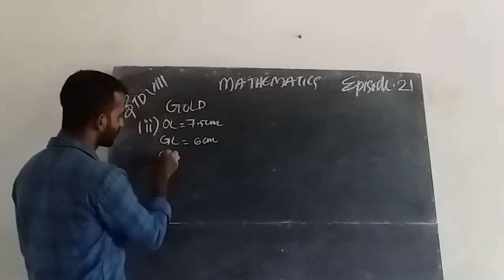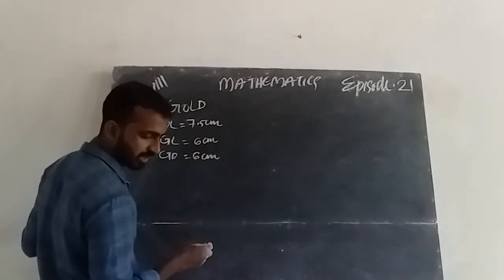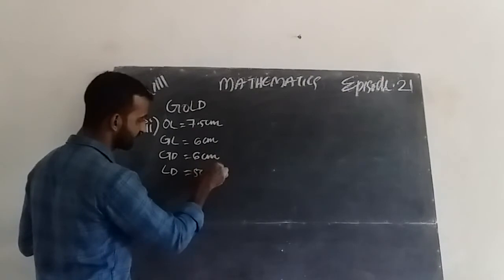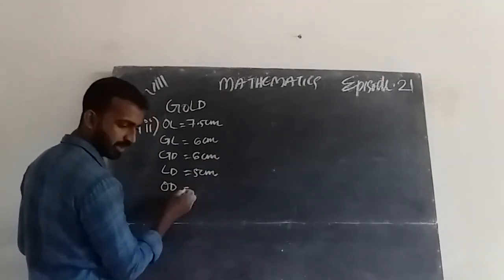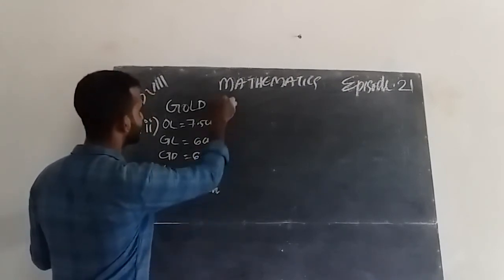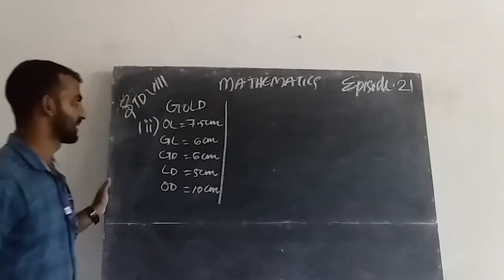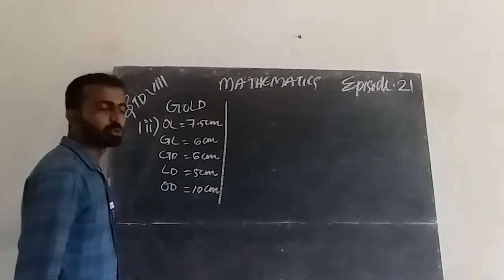GD is equal to 6 centimeter. LD is equal to 5 centimeter. OD is equal to 10 centimeter. Is it? Yes. And this here is also 5 measurements, 3 sides and 2 diagonals.